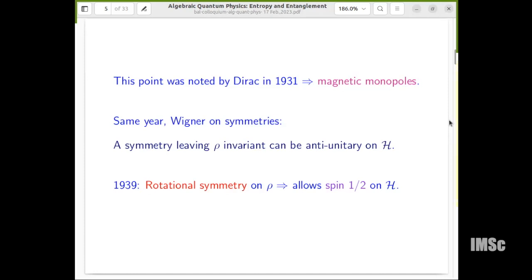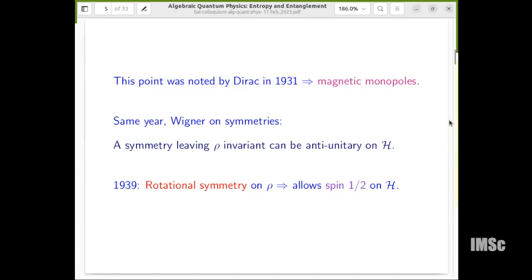That analysis is highly non-trivial, and as recently as 10, 12 years ago, there appeared papers by Mukunda and, I think, Simon here, and also by Sam and RRI, trying to get simplified proofs of that theorem. So that's a fundamental theorem on how to lift symmetries from density matrices to the Hilbert space, and Wigner had discovered it already in 1931.